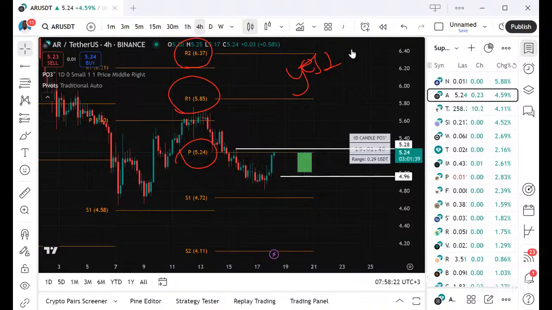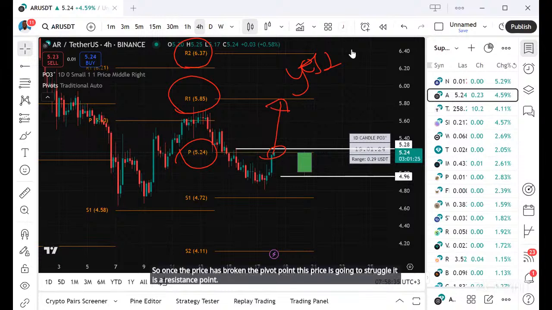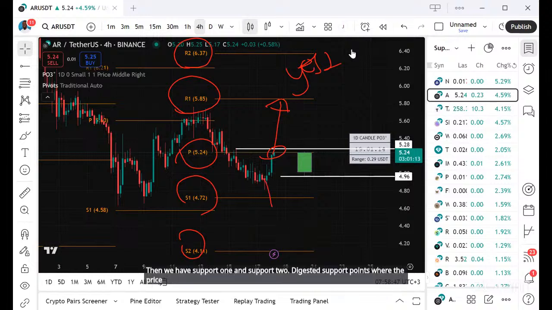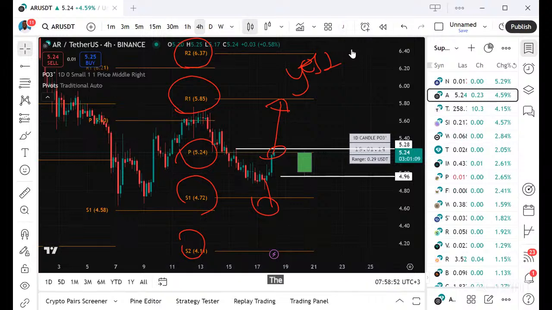Suggested possible resistance zones where the price may struggle to go higher. So once the price has broken the pivot point, this price is going to struggle. It is a resistance point. Then we have support one and support two. Suggested support points where the price may struggle to go lower.